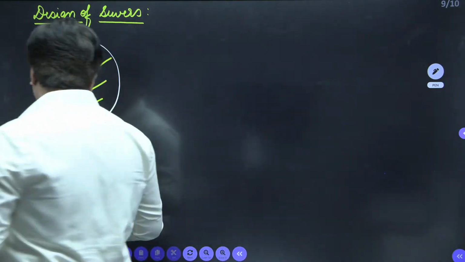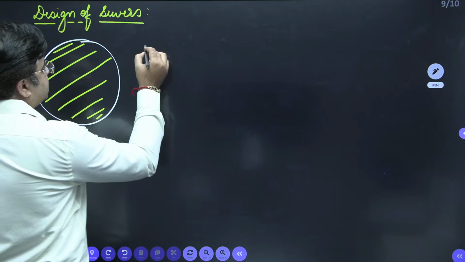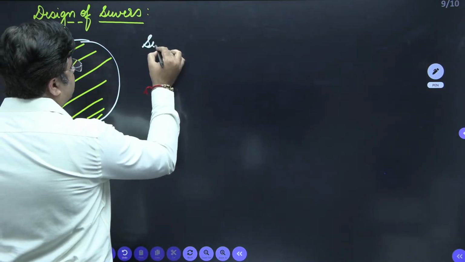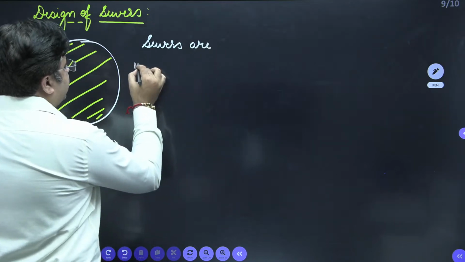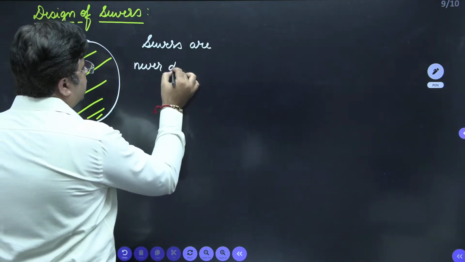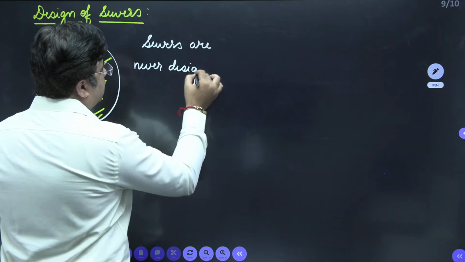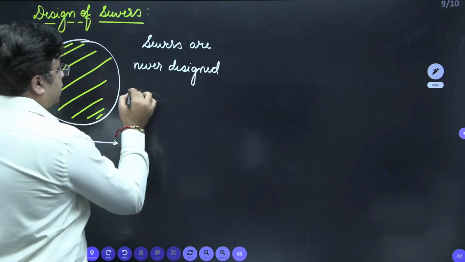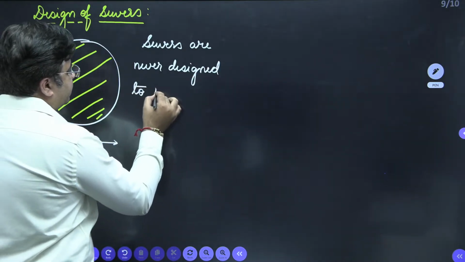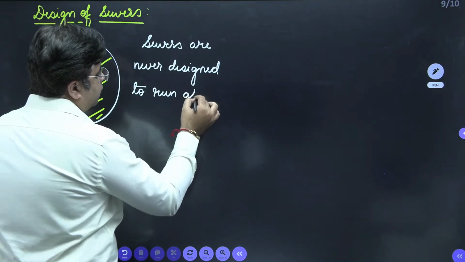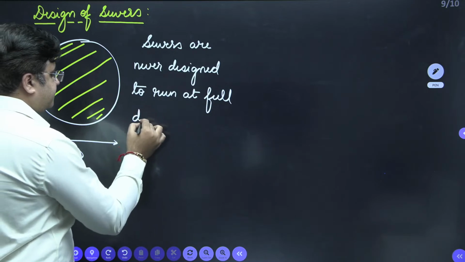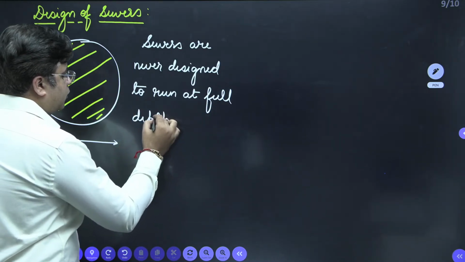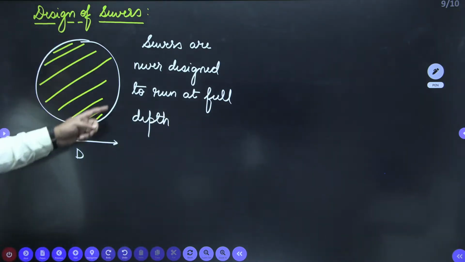So the first point is, sewers are never designed to run at full depth. Okay. This kind of design we will not do.